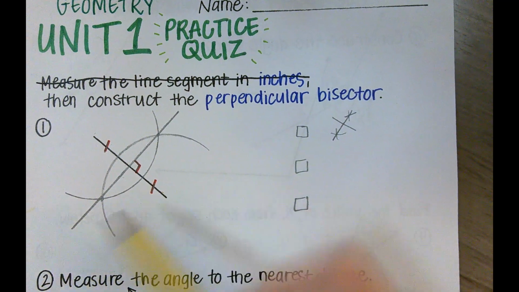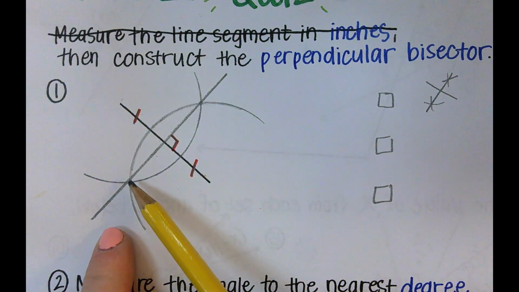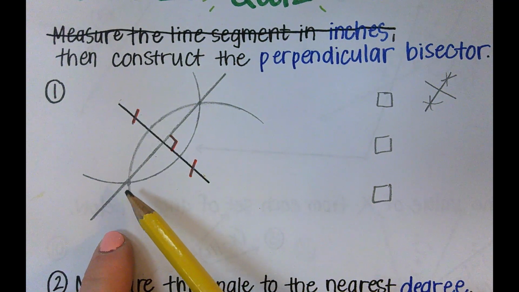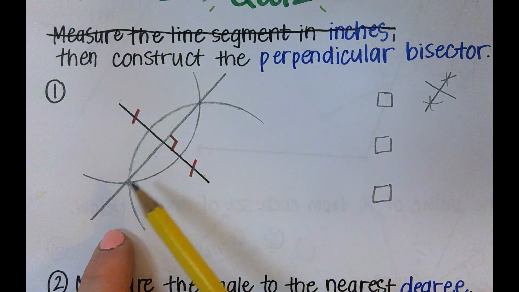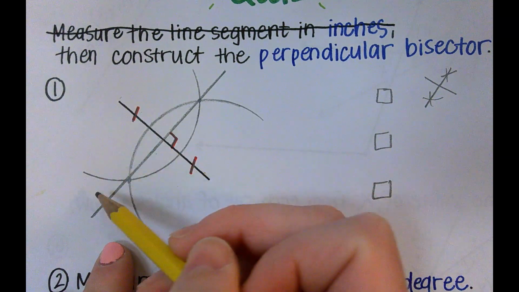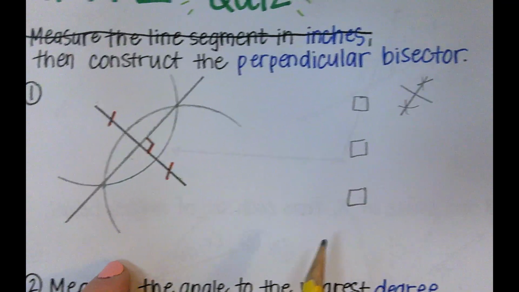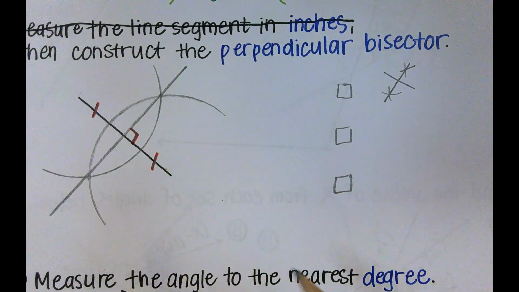Now you see how mine is ever so slightly off. That's okay. Sometimes these pencils aren't as pointy as they could be. It might be a tiny bit off. Now, if your line was way over here, you'll get that wrong. Make sure it goes as close as you can get it going through. So that's where you'll get one of your points from.